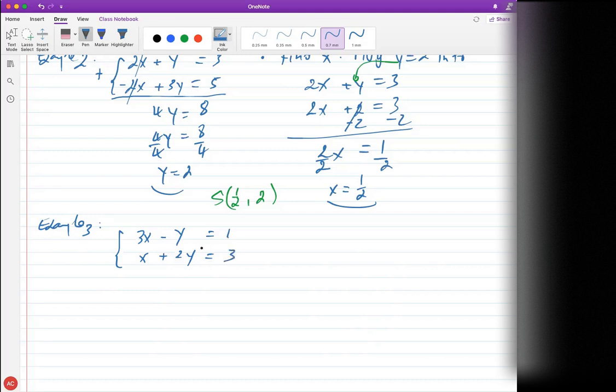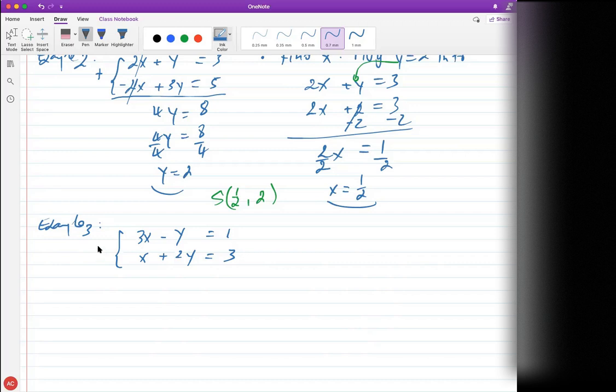So we have another system here. We can try either to add or subtract these two equations and see if we can eliminate one of the variables. So if we add these right now or subtract them, nothing will cancel out.